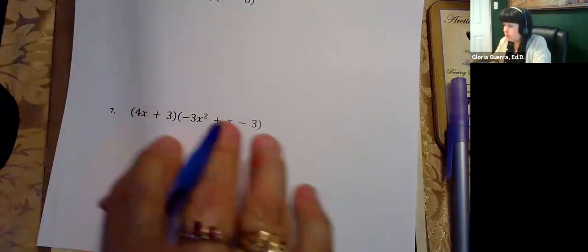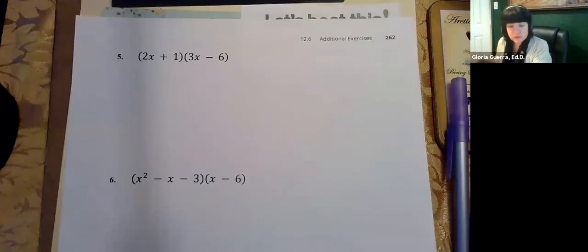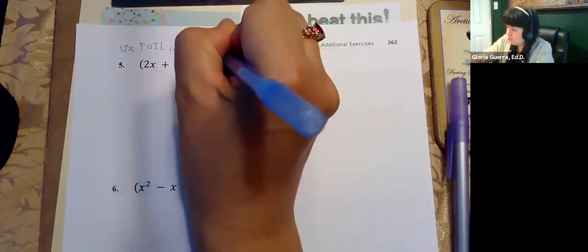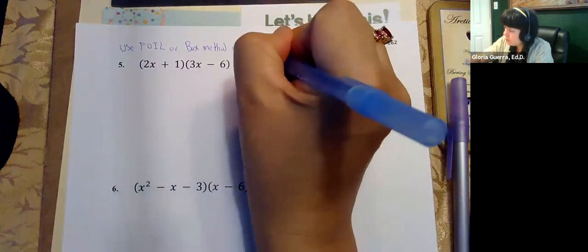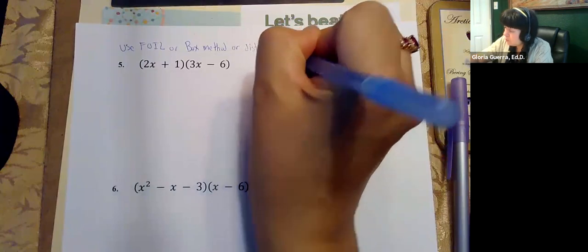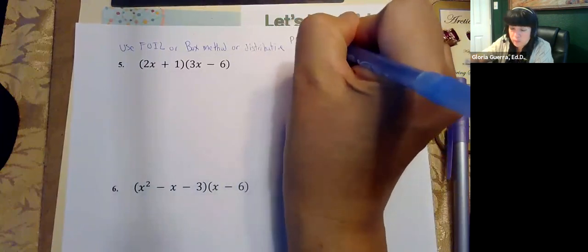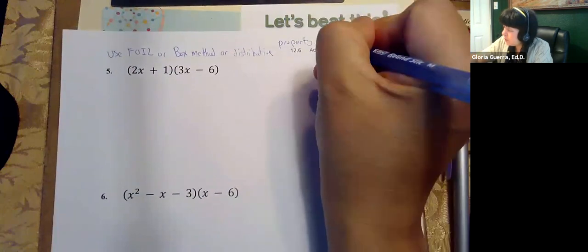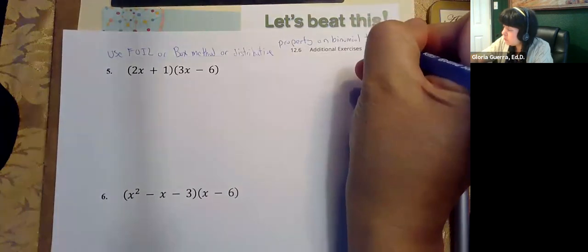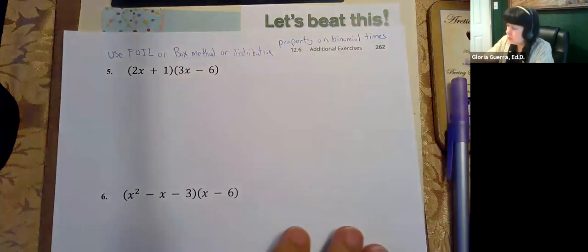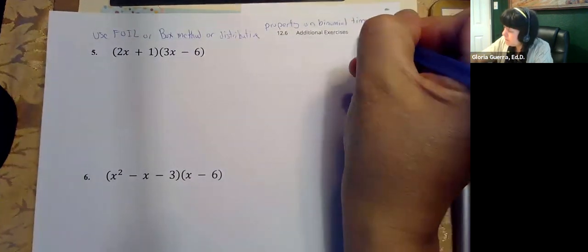Okay, so now on number 5, you can use FOIL, or the box method, or distributive property on a binomial times a binomial.